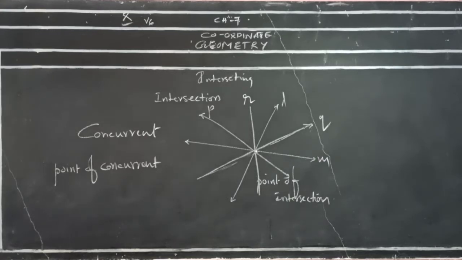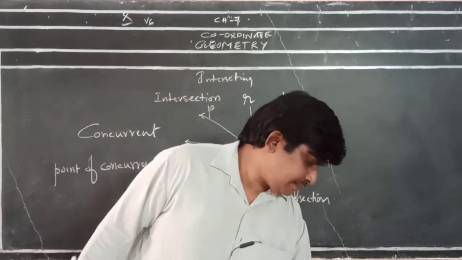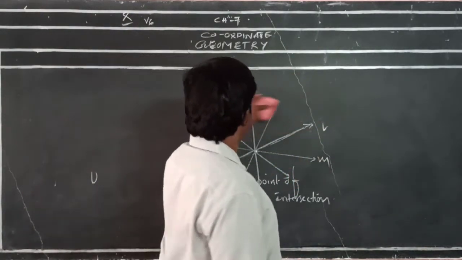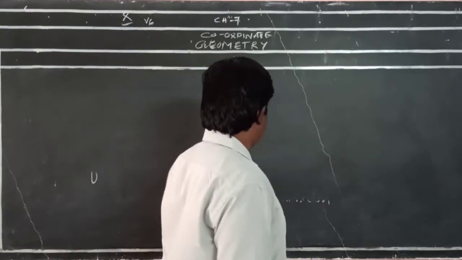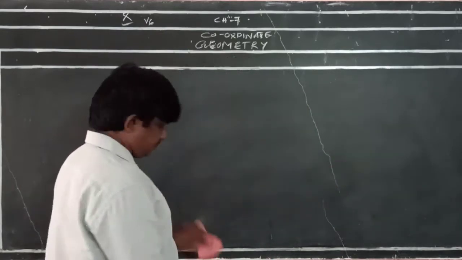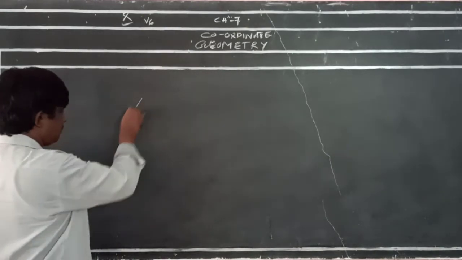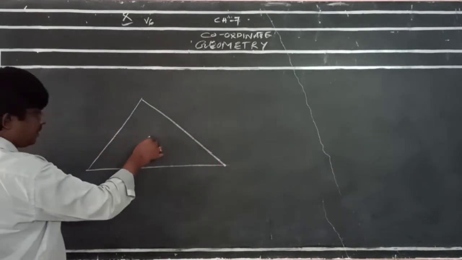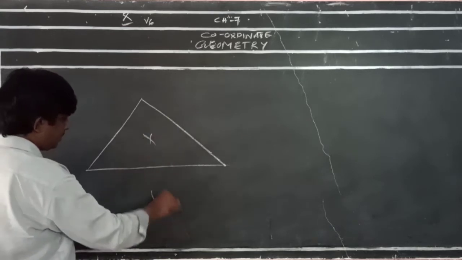How will they be in triangles? In a triangle, suppose we take the perpendicular bisectors of the triangle.